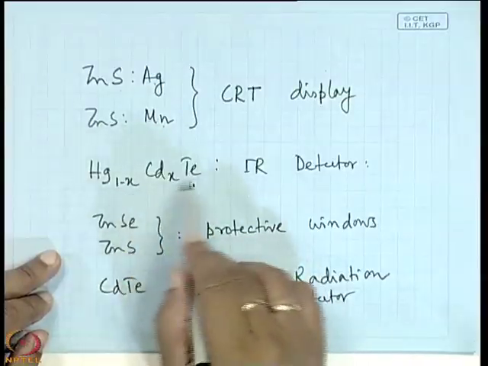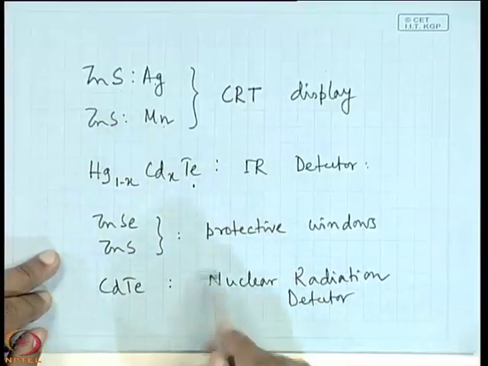There will be an object or metallic object, say a tank. An infrared source will be there, and the infrared light will be reflected back from the surface of the tank or metallic objects, and then a camera or detector will detect the positions or locations of the tanks, etc. That is a very ambitious project for the Indian military, and they have been trying it in SSPL. This is a very important material, HgCdTe, mercury cadmium telluride.